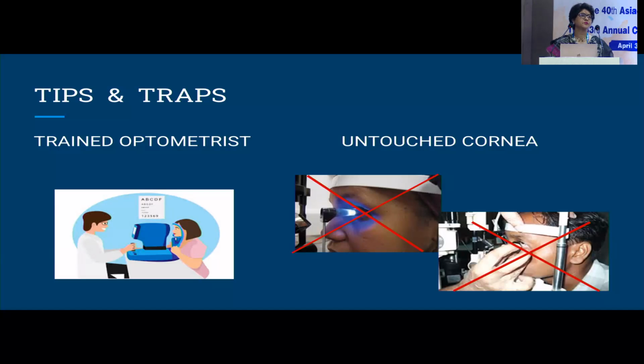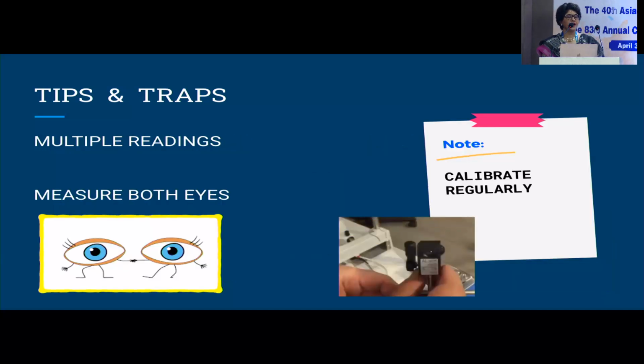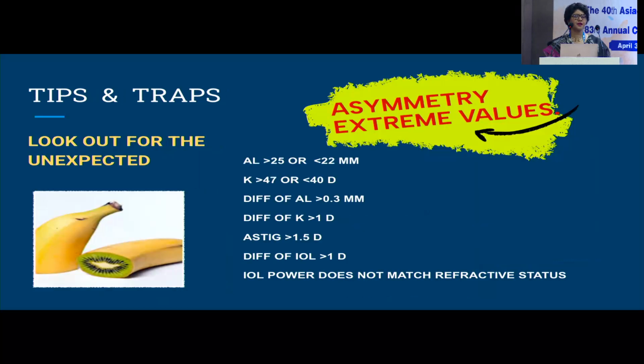Be very careful that you are entering all the data appropriately, and your optometrist should be able to pick out anything which is a red flag. Always take multiple readings, always measure both the eyes, make sure that your instruments are calibrated regularly, and look out for the unexpected.